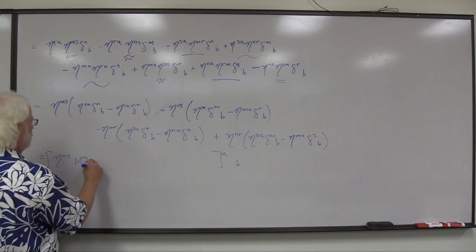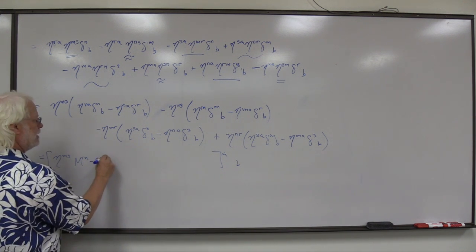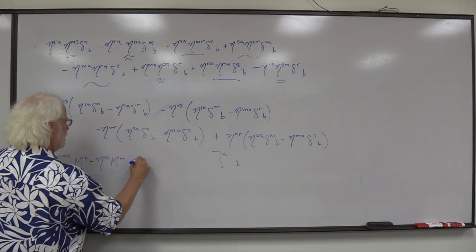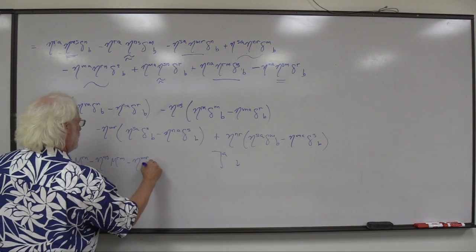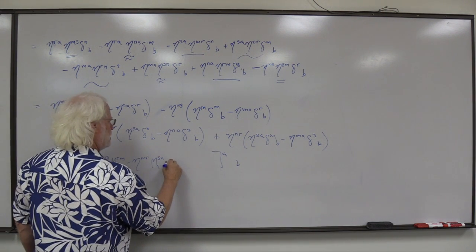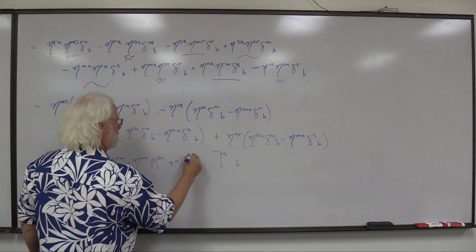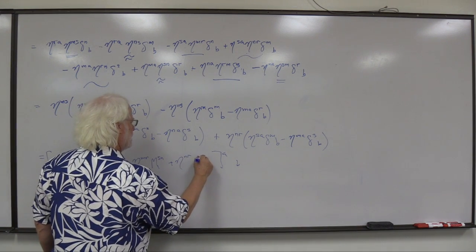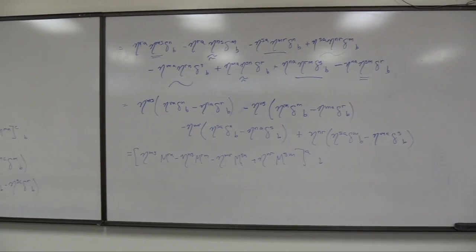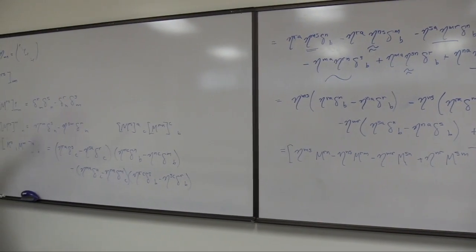So then we get eta N S M R M minus eta M R M S N plus eta N R M S M.